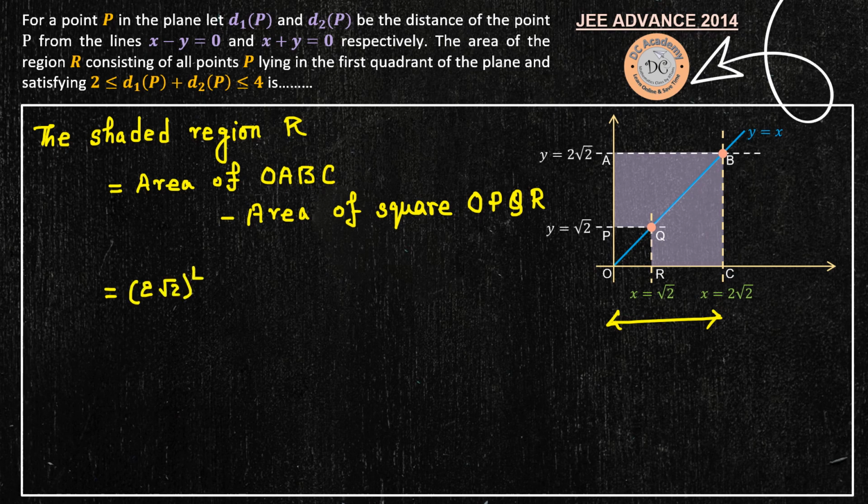The other area is a small square whose side is root 2, so it is root 2 whole square. So 2 2s are 4, 4 2s are 8, and it's 2. So the area is 6. The correct answer for this particular problem is 6 square units. And that's it.